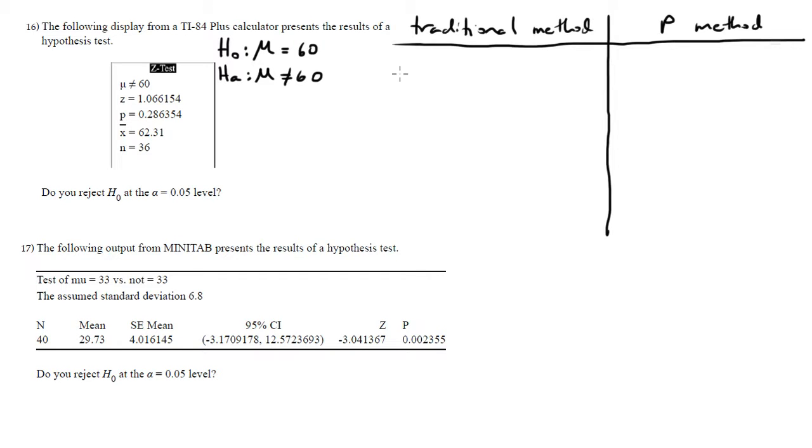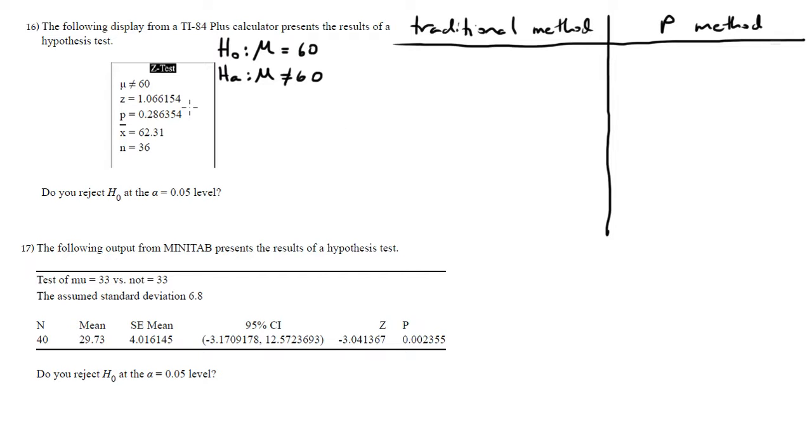So the traditional method, essentially we're finding the z critical value. Using that critical value, we determine our critical region.